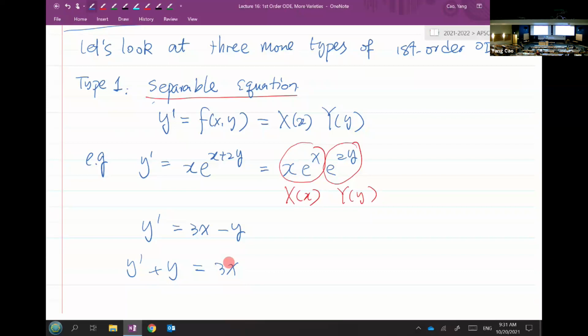Of course, sometimes you get stuck. You say, okay, I don't know whether it's linear or not. Then you say, can I try the separable equation approach? So you look at the left side here, or the right side here, and try to see whether it's possible to separate this into a multiplication of an x function and a function of y.